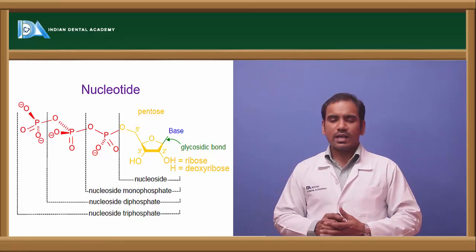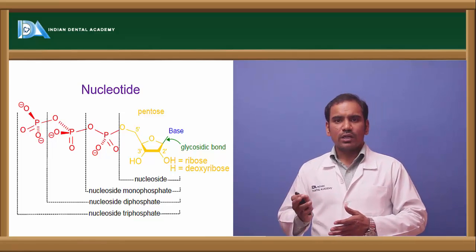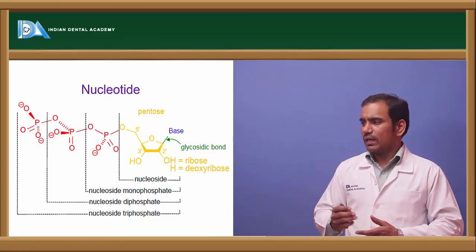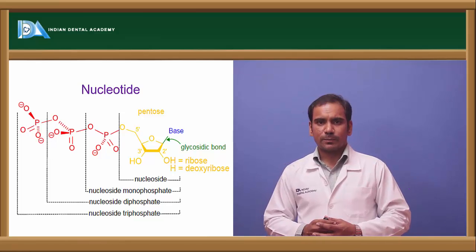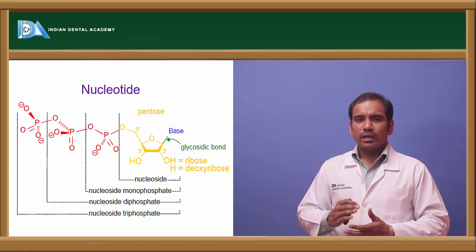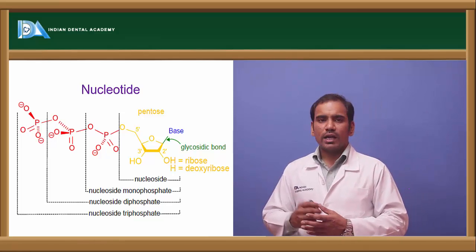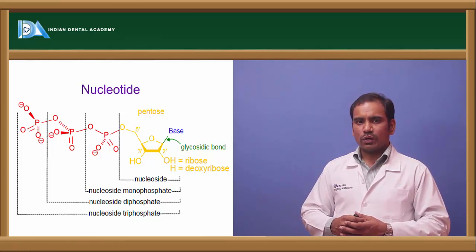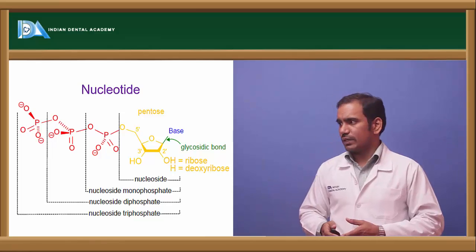With one phosphate group, we call it a nucleotide monophosphate, with two phosphate groups a nucleotide diphosphate, and with three phosphate groups a nucleotide triphosphate. Whatever it may be, base plus sugar with a phosphate group is a nucleotide, and based on the number of phosphate groups we call it monophosphate, diphosphate or triphosphate.